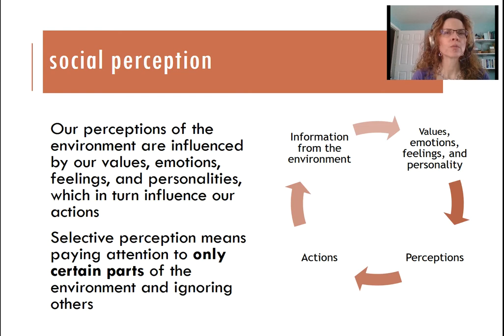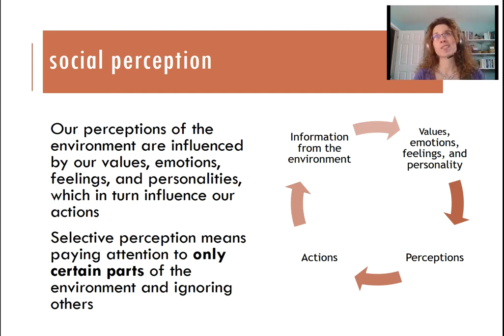I'm sure you're familiar with the phrase selective perception, basically where we only pay attention to certain parts. For example, maybe we only pay attention to news that aligns with what we already believe to be true. Or when we're listening to a professor talk, we only pay attention when perhaps the person uses an example that relates to something we've personally experienced.